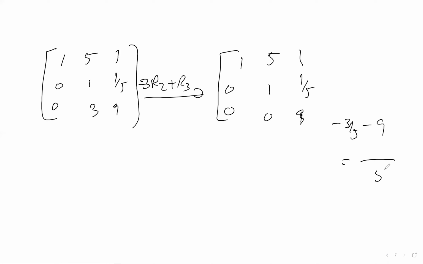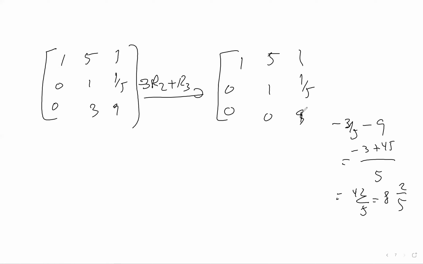Take a common denominator of 5, that's 3, and then plus 45. So this will be 48 over 5, or you can write it as 9 and 3 over 5.